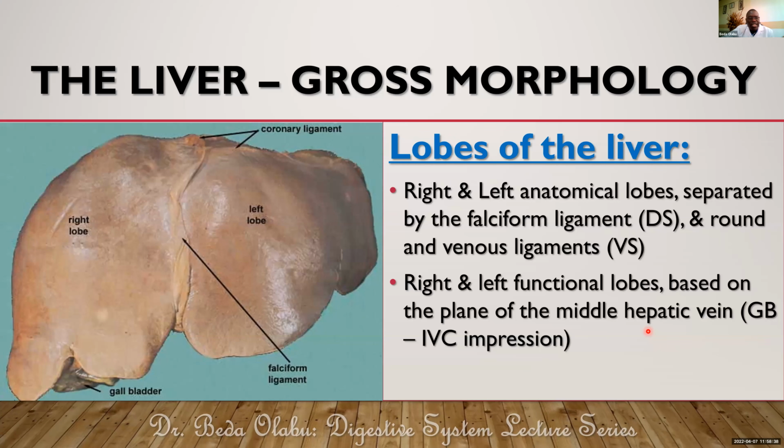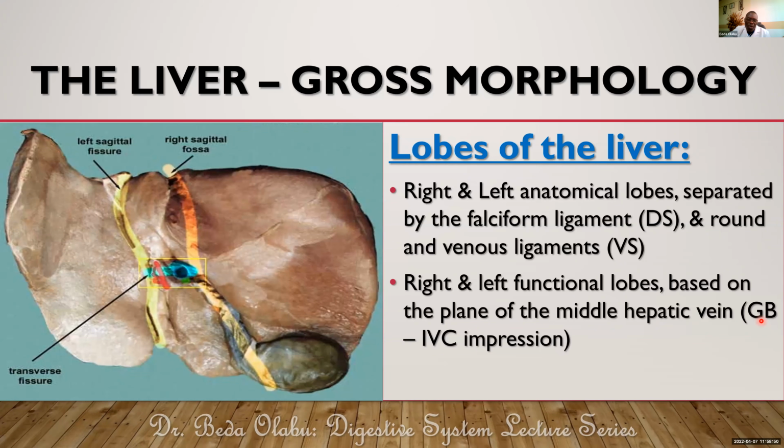But because we can't see that from the inside, from outside, what do we see? From outside, what we see corresponds with the impressions of the gallbladder as well as the impressions of the inferior vena cava. So here, this line that you see, that imaginary line, is a line separating the right and left physiological lobe.